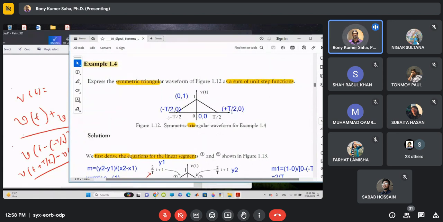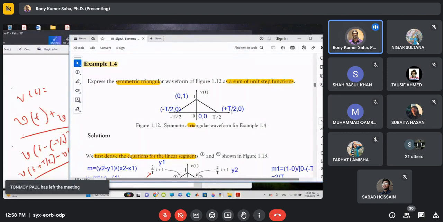So you can see it's rising from minus t over 2 up to 1, right? And falling at the same rate to plus t over 2. So you just have to express this.